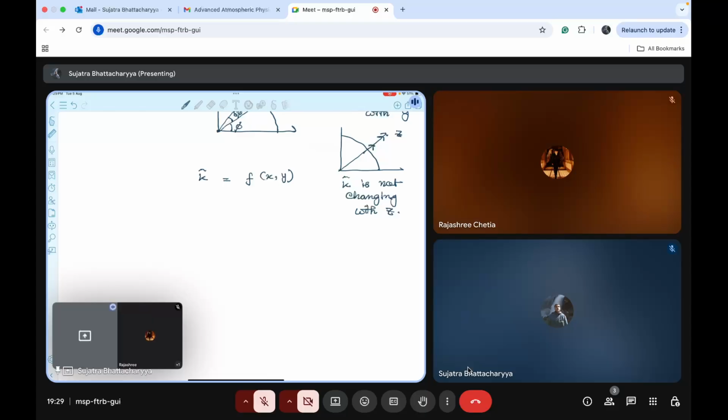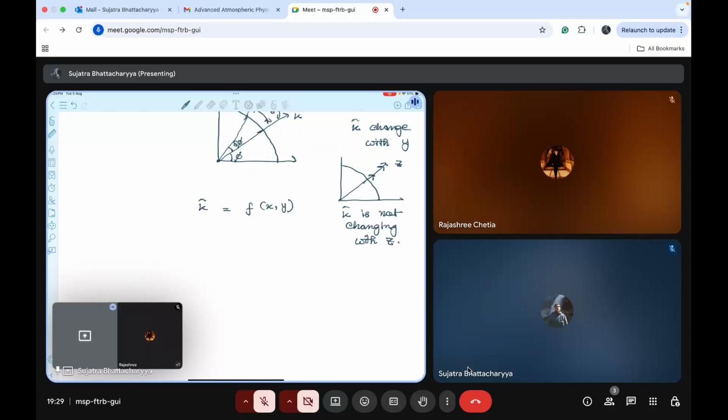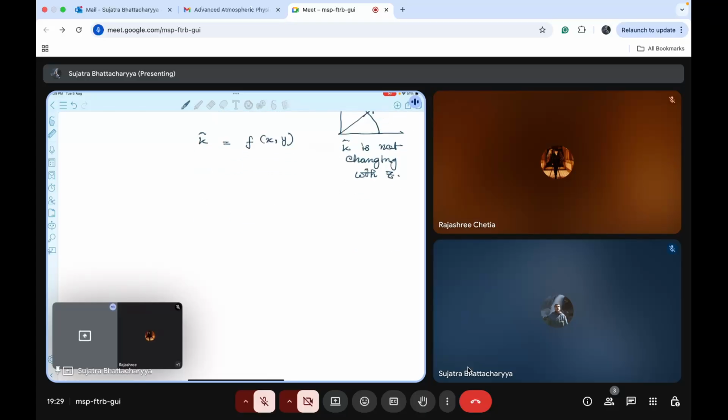Okay, so let's calculate again. The easier one is y, how k hat changes with y, so we will look into that first. For that we need this diagram. Suppose this is your k hat, and this is your k hat plus delta k hat.